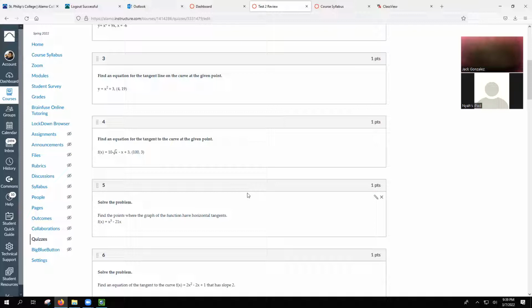It's 5 points where the graph of the function has horizontal tangents. f is equal to x cubed minus 21x.